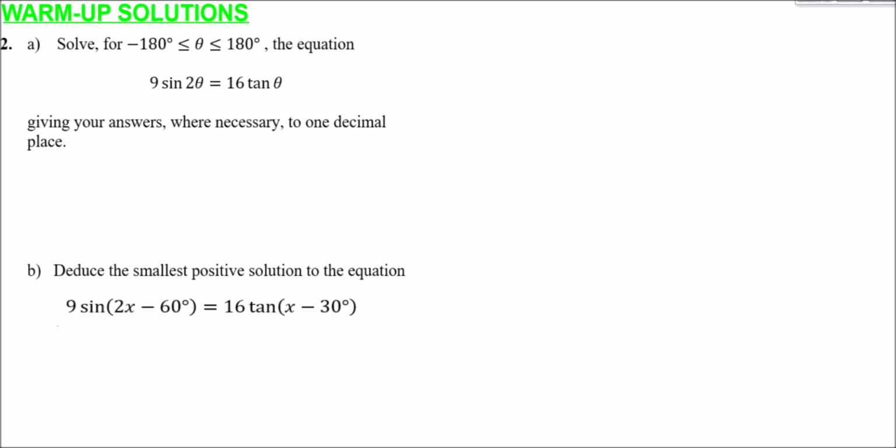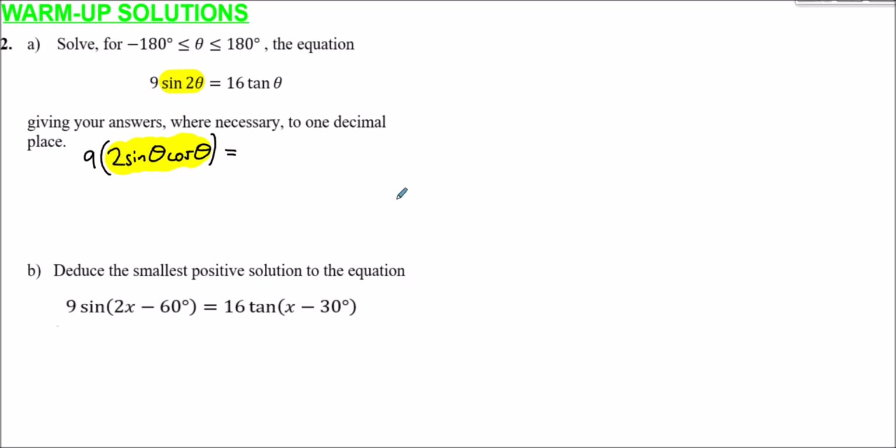So what we could probably do with doing is changing sine 2 theta in terms of sines and cosines using the double angle formula. So if I just rewrite this now as 9 lots of 2 sine theta cos theta, just switching sine 2 theta for its identity here, that gives 16 tan theta.